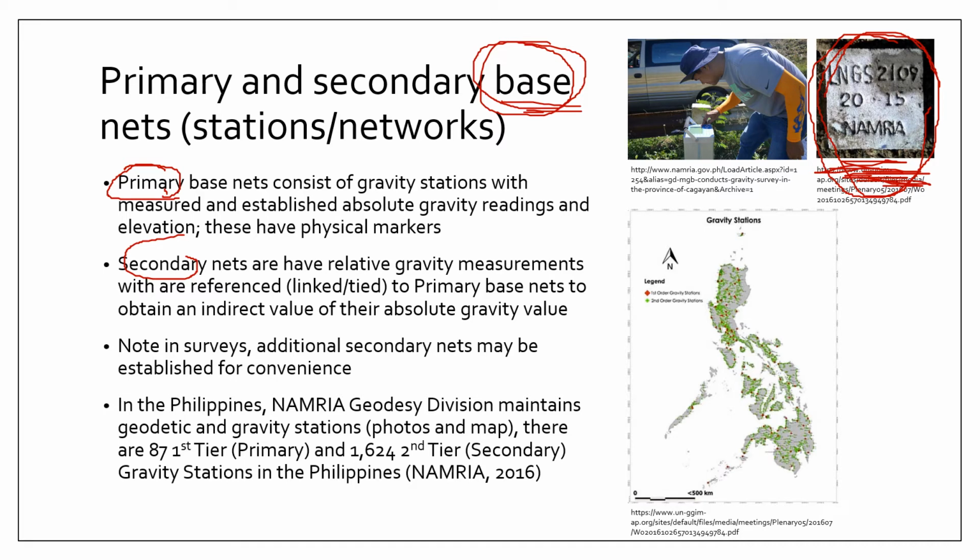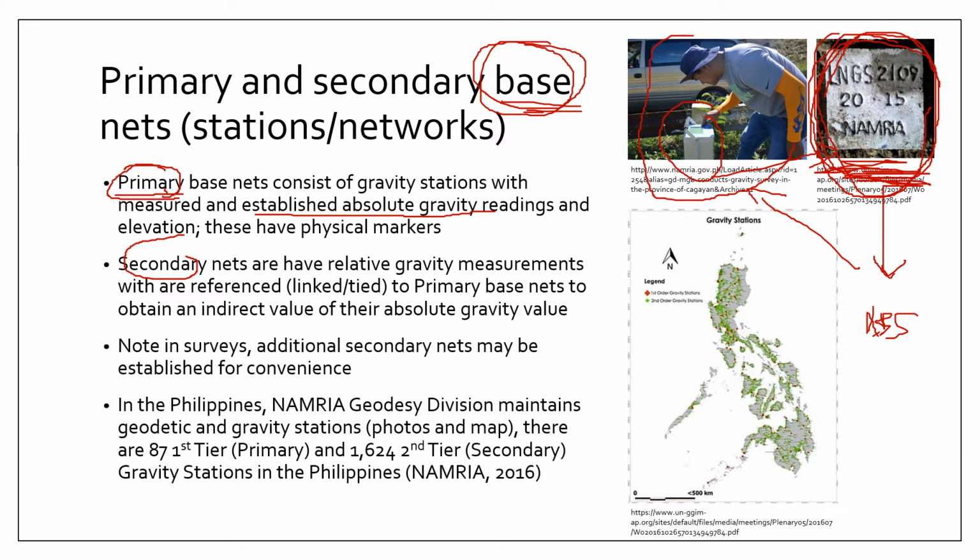So what you can find in a primary base is you have this physical marker, and it has an absolute gravity reading. It has an established absolute gravity reading, which is done by the survey team of NAMRIA. So you have here a surveyor who has a gravimeter, and they measure the absolute gravity in that area.